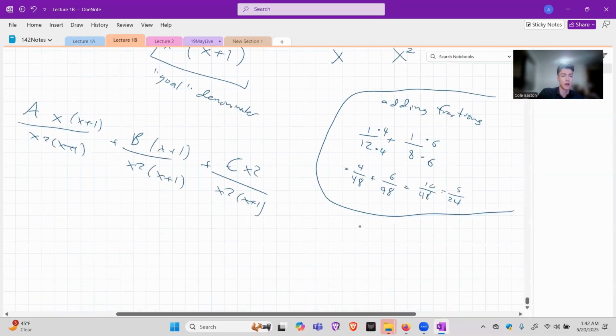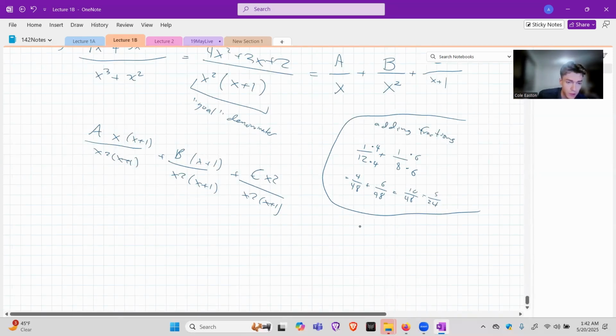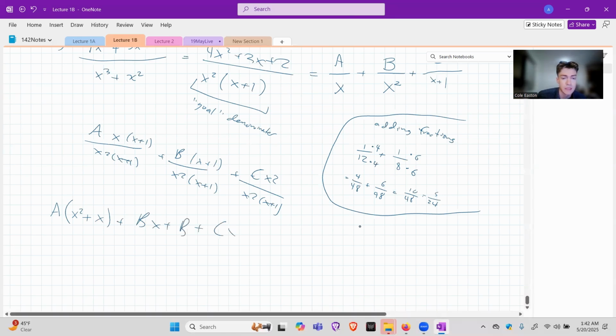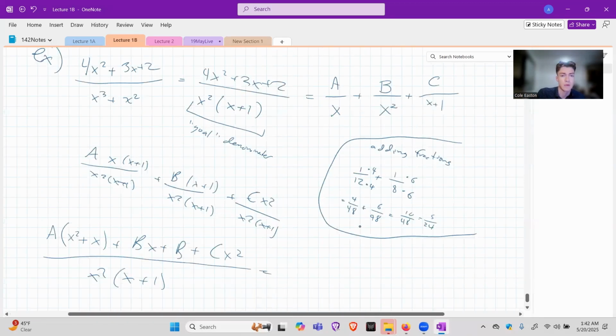Okay, so now let's try to write this a little bit straighter. So I have a times x squared plus x, plus bx plus b, plus cx squared, over x squared times x plus 1, equals, and then let's copy this numerator.